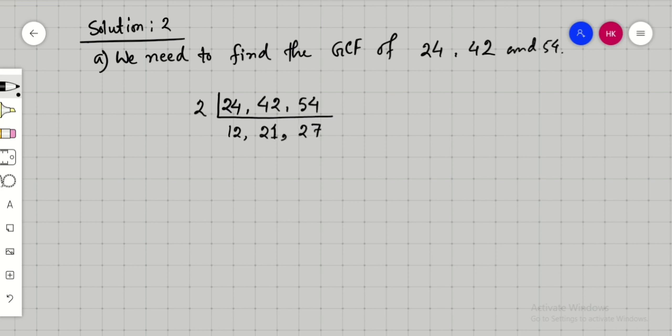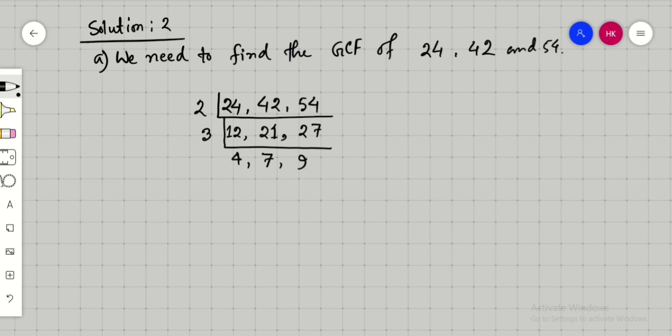Now can we divide all these three numbers by 2? No. By 3? Yes, we can divide all these numbers by 3. If we can divide only 2 numbers by 3, it is not applicable. We have to divide all 3 numbers if there are 3 numbers. So 12 divided by 3 is 4, 21 divided by 3 is 7, 27 divided by 3 is 9.